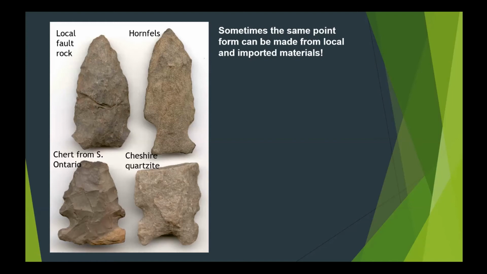They're trying to copy the forms that are coming from, let's say, the east or the south with materials that are local as well. And that's kind of interesting because it shows that they're really participating directly in this Laurentian Archaic, shall we say, interaction sphere or cultural sphere.